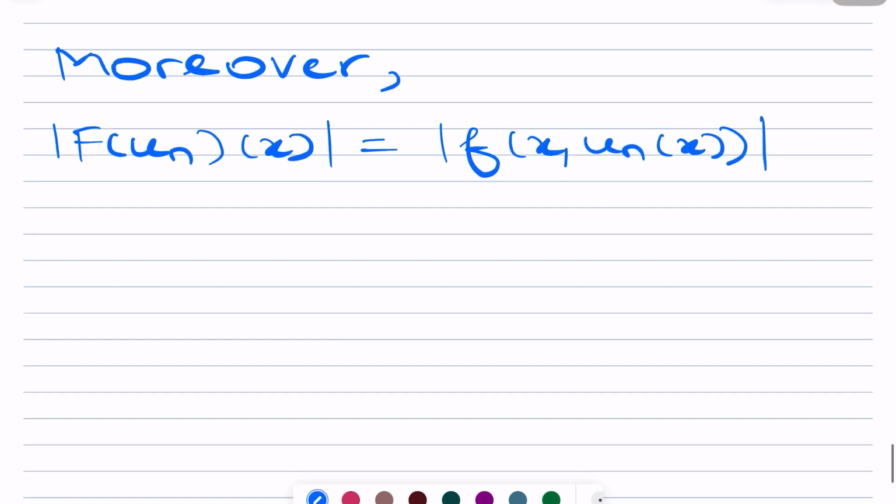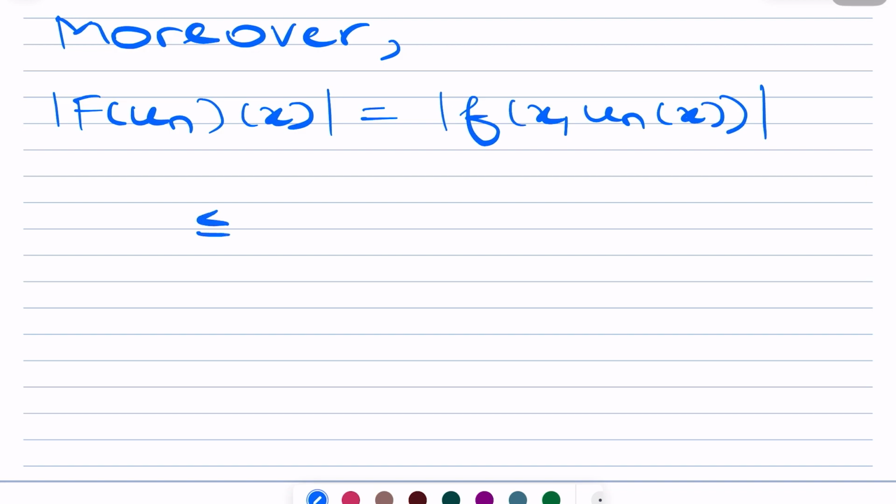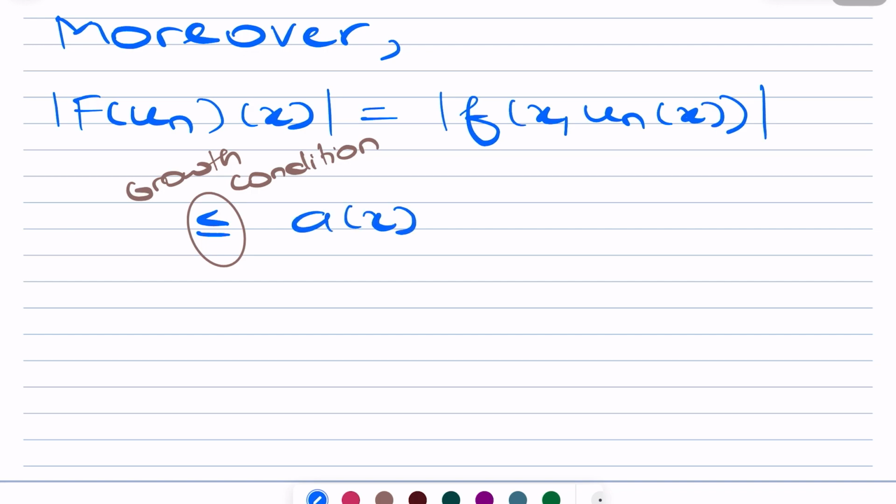Now, using the growth condition, because our function f is a Caratheodory function, this is less or equal than a of x in LQ plus b of x times the absolute value of un of x to the power p over q.